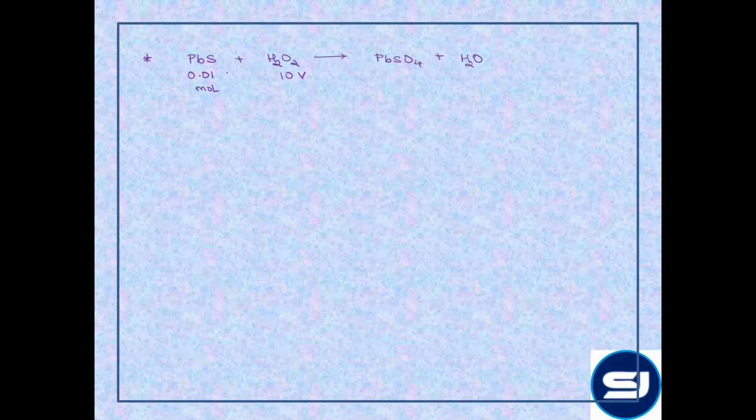Basically, if you are not balancing the reaction and solving it without balancing, then the best method is to use equivalence. And the oxidation state is changing from -2 of the sulfide to +6 of the sulfate and -1 of the peroxide to -2 of oxygen. So I'll just use the equivalence method of PbS with equivalence of H2O2.